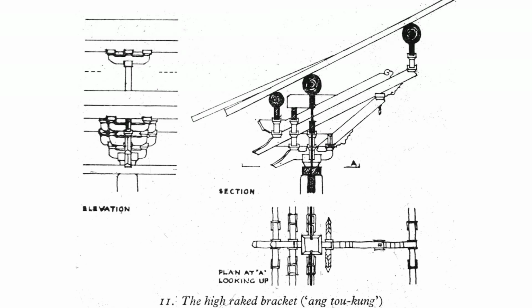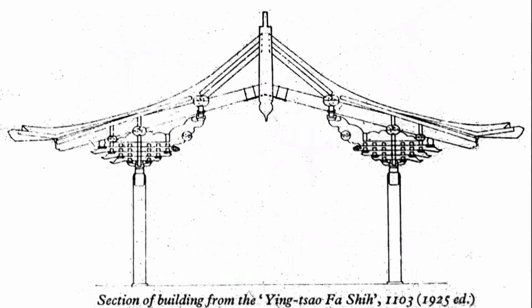And then you can get even more ambitious, and you can have gravity brackets at different angles. And so the middle of the heavy roof is supported there by this elaborate construction, beginning to be triangulated. Now this we don't actually have as a building.